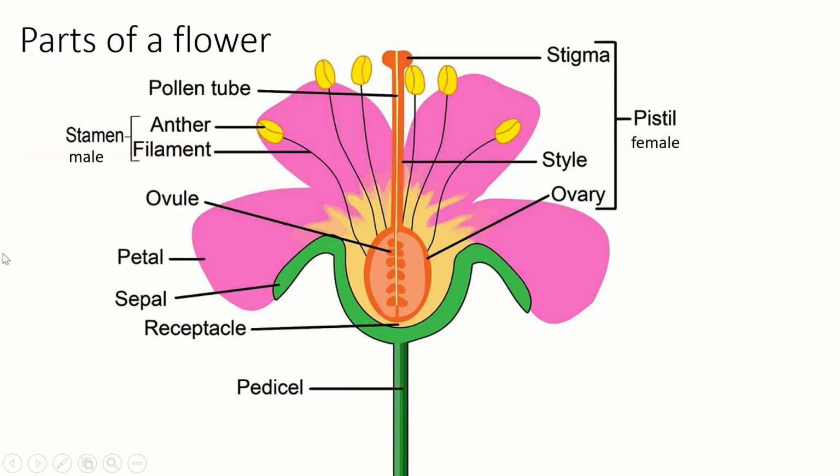All right, so let's learn all the parts of the flower. Like I said, the flower has a female reproductive portion and a male reproductive portion. The female portion is called the pistil or the carpel, and the top of it is called the stigma, and that's the part that the pollen lands on and sticks to.